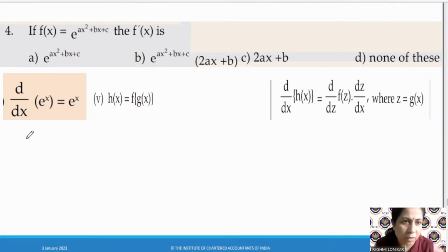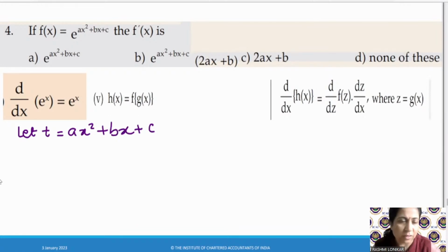I have f of x is e raised to ax square plus bx plus c, and they are asking you to find f dash x. So let t be equal to ax square plus bx plus c. Then dt by dx is equal to, when I am differentiating ax square, it will be 2ax.